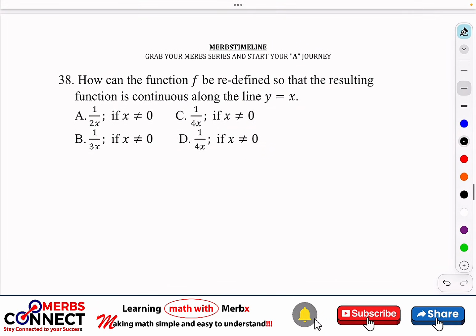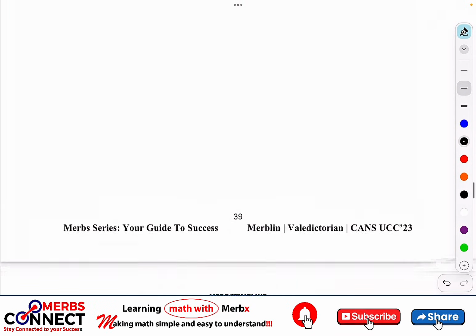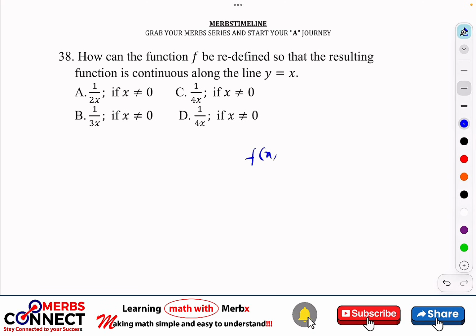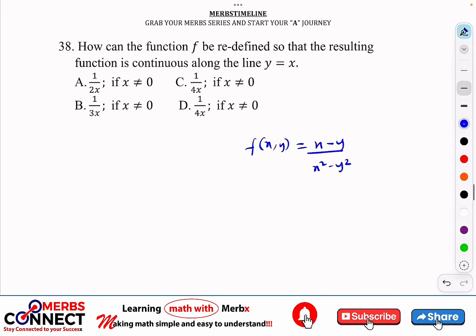Redefine the function such that, okay, so let's redefine the function. So f of x, y is equal to x minus y divided by x squared minus y squared. Is that right? Yep. Now, this is a difference of two squares. So we can write this as x minus y divided by x minus y and then x plus y.